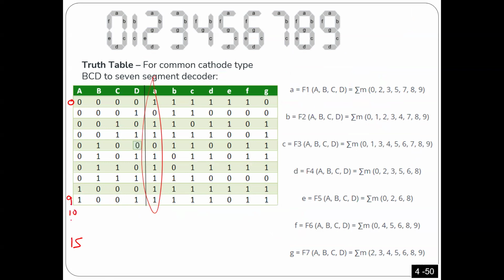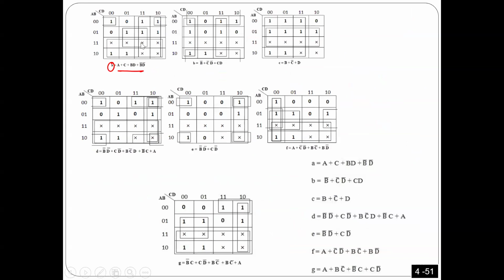So from 10 until 15, they should be don't care in the maps here, because whatever the output with these inputs, I don't care if the output is 1 or 0, because they should not occur. That's why I made these ones here don't care. If they have this input, I don't care what the output is.